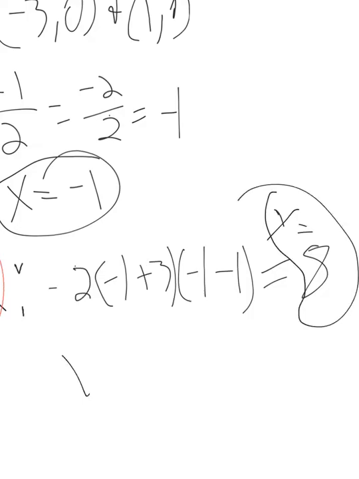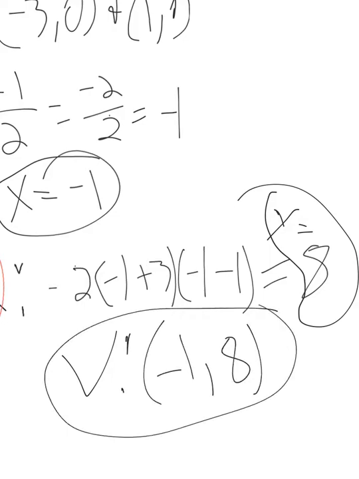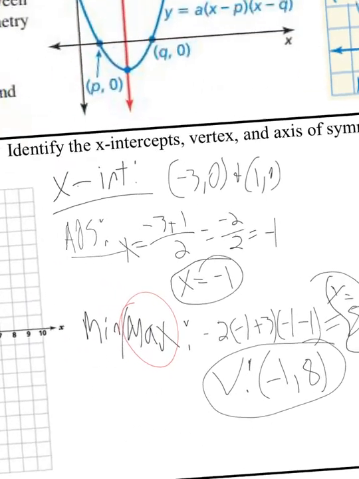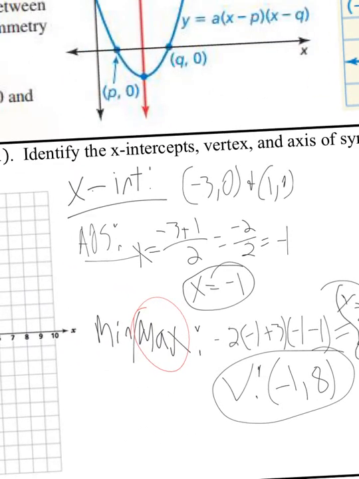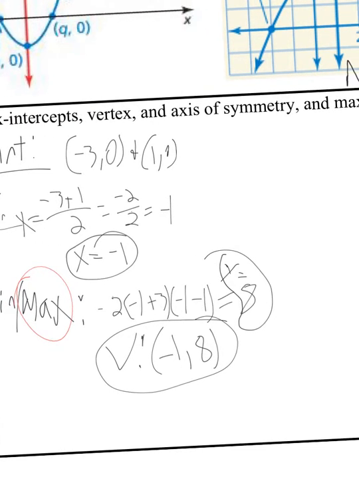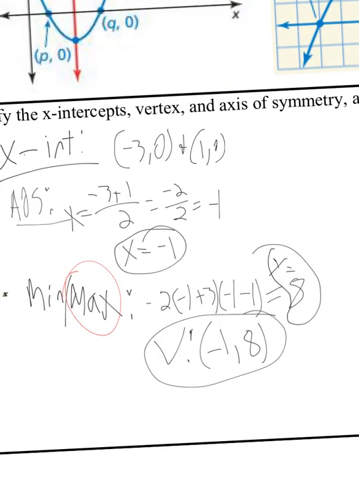So my vertex is at negative 1, comma 8. Alright? So that's everything I asked you to identify. We identified the x-intercepts, we identified the axis of symmetry, we identified that it had a maximum value at 8, and then we were able to identify that the vertex is at negative 1, 8.